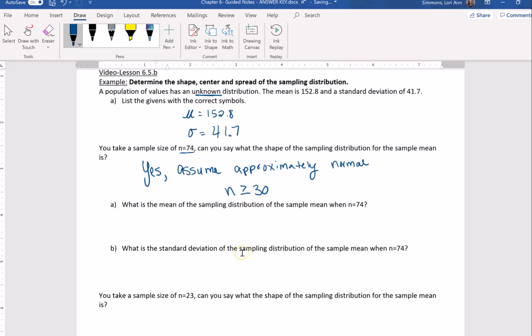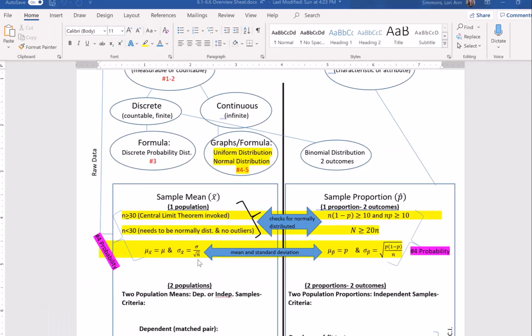What is the mean of the sampling distribution of the sample mean when n is equal to 74? So I would refer to the overview sheet. Again, we're on sample mean, x bar. We just did the central limit theorem. We invoked that. The mean of the sample means is equal to mu.